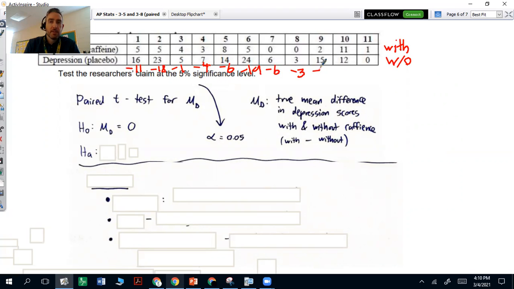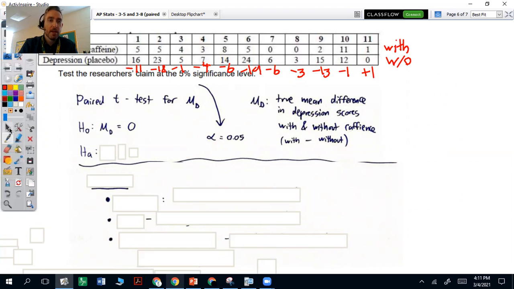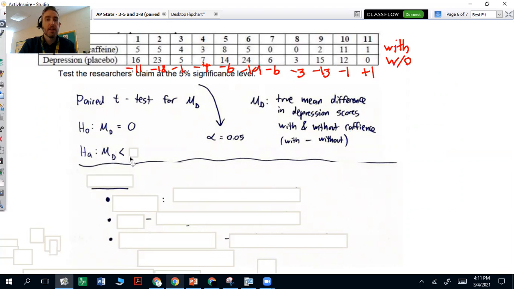Negative 3, negative 13, negative 1. This one's positive 1. But because my values are being negative when I'm doing that subtraction, then I'm going to want that to be less than. So I'm going to say the mu difference is less than 0. Now, if I had done it placebo minus caffeine, I would have done greater because that depression scale is higher. Okay, so let's check our conditions.